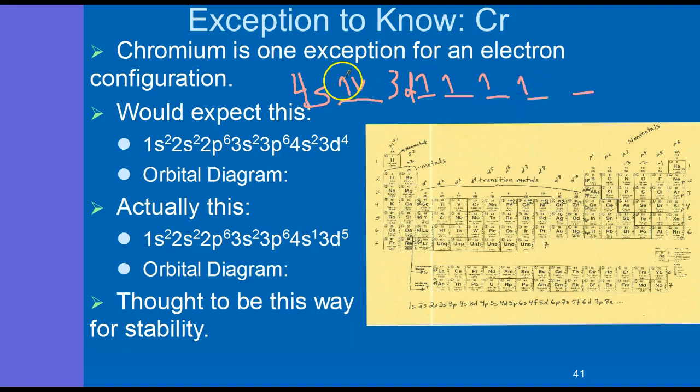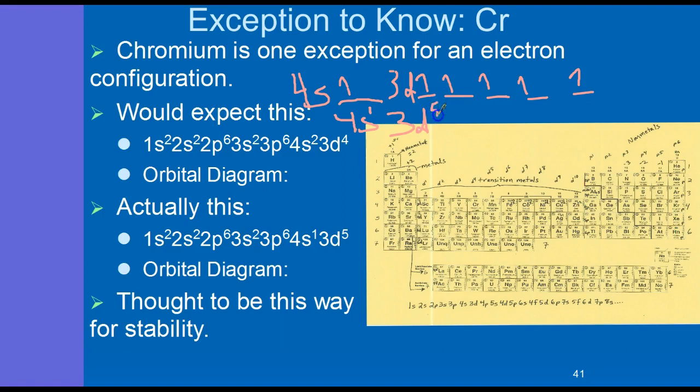You have to spread your electrons out. But what happens is that one of these electrons is moved way out there or transitioned such that it looks like this. And that would be a 4s superscript 1 and a 3d5.